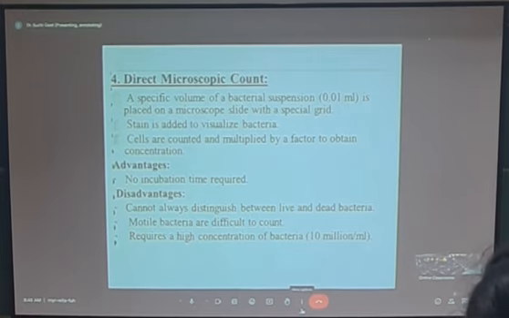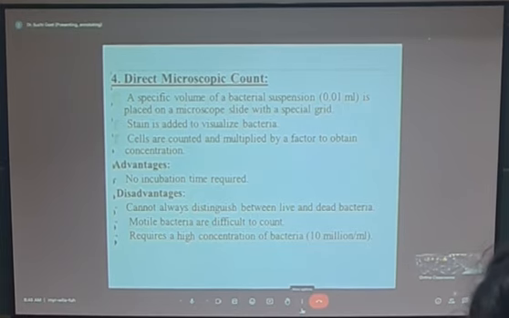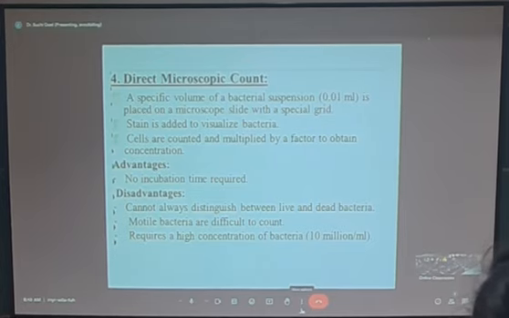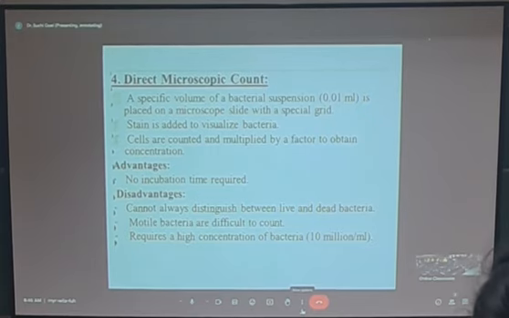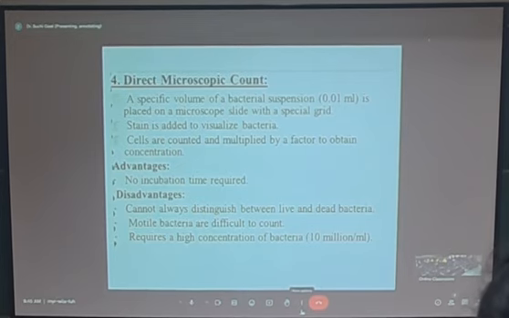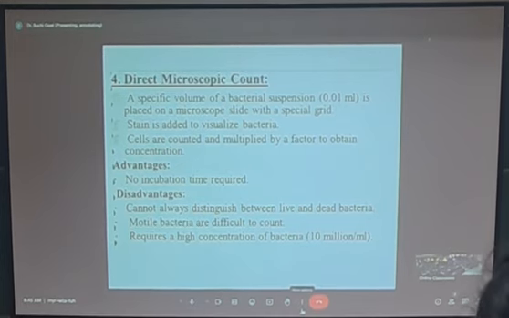That volume comes to a constant figure of 10 to the power 4, which is 10,000. This is a constant figure in your hemocytometer. So when you add 10 microliters of your sample, you get a volume factor of 10 to the power 4. So what I get is 14 bacterial cells into 10 to the power 4 bacterial cells per ml.